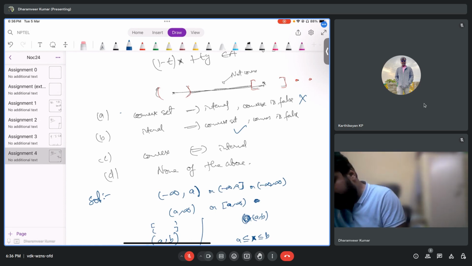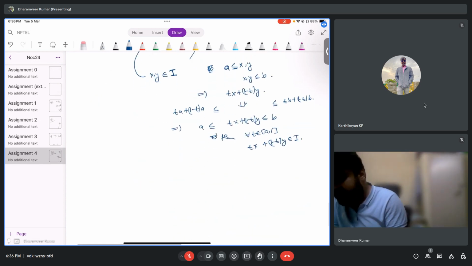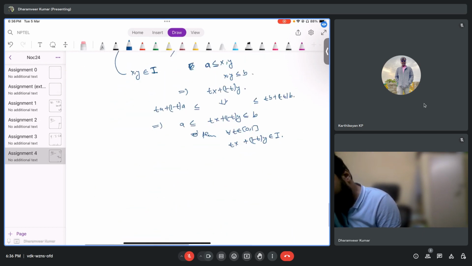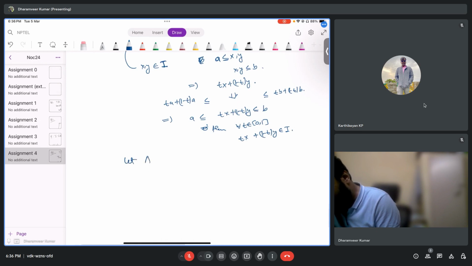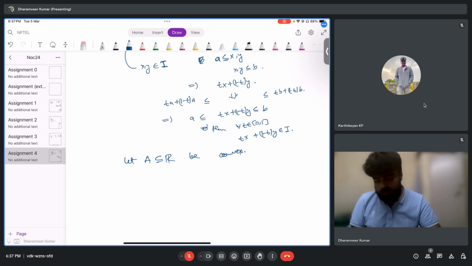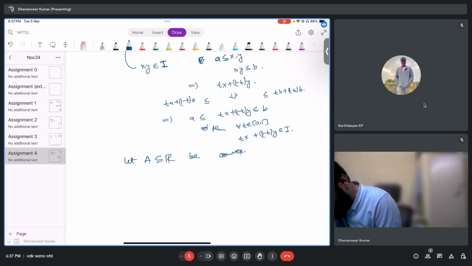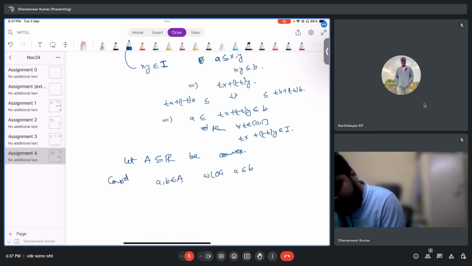Now let's say there's a set A in R, let A be convex. So now consider a and b in A, without loss of generality a less than or equal to b, and let c in R be such that a is less than or equal to c is less than or equal to b.